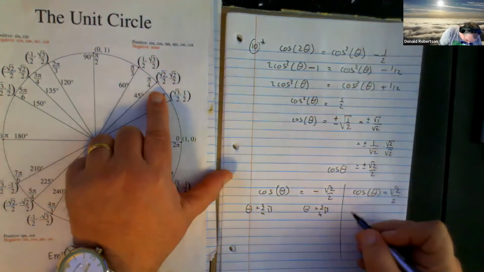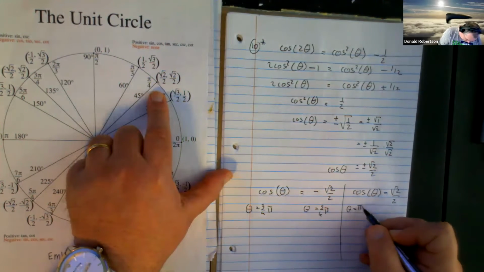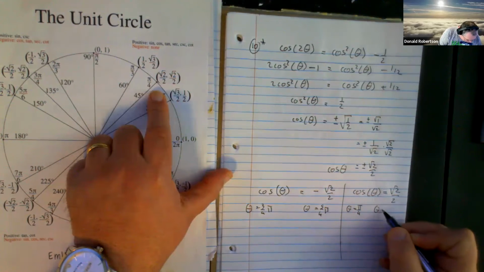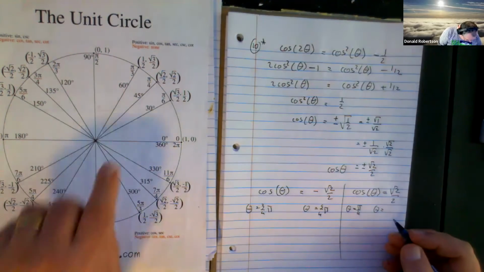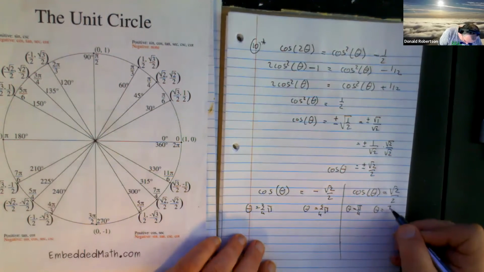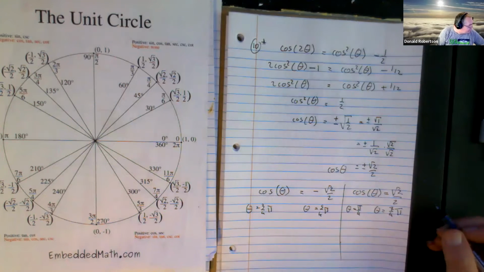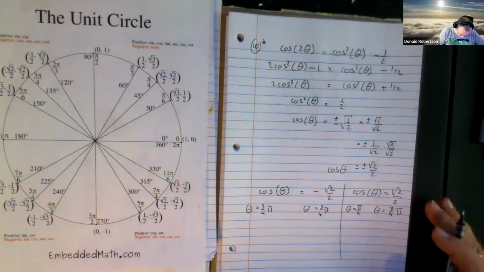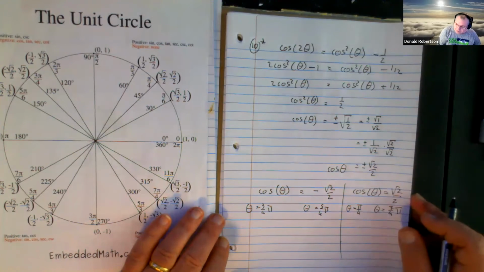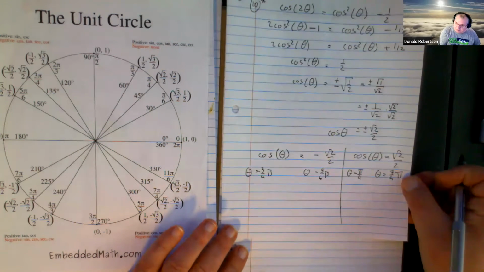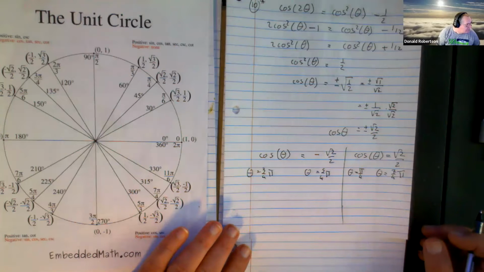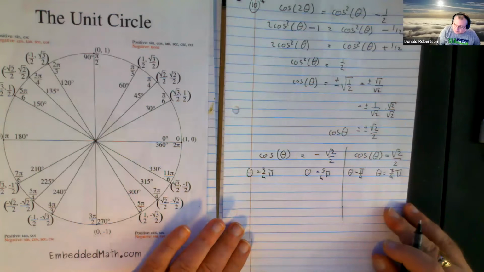And it's positive at 1/4 pi. And it's also positive at 7/4 pi. Are we good so far? No problems?